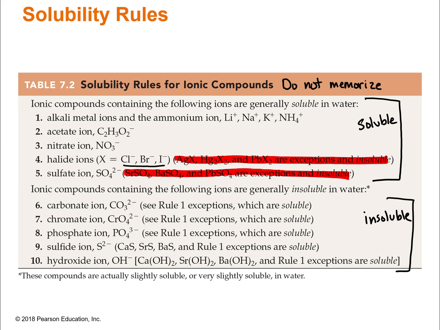If it's ammonium, it's probably going to be soluble. There are a few other exceptions too, but by and large, Rule 1 and then a few other exceptions. So these green ones mean that these exceptions are actually soluble.